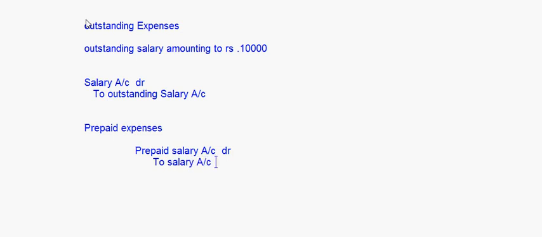This is what we do for outstanding expenses and prepaid expenses, right? Now I'll show you one more journal entry here. This is for depreciation charged on asset. When depreciation is charged on asset, we put it as depreciation account debit to asset account.